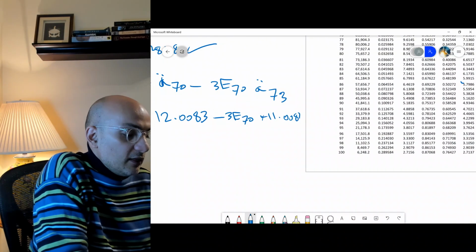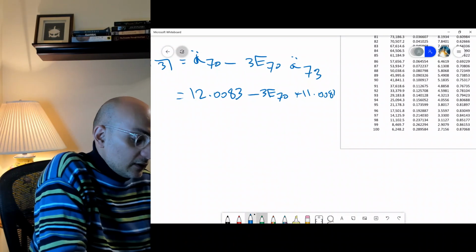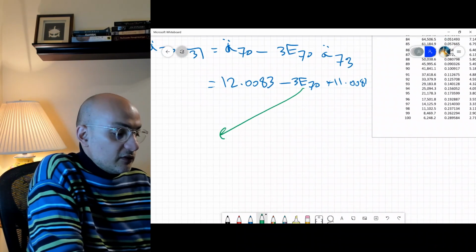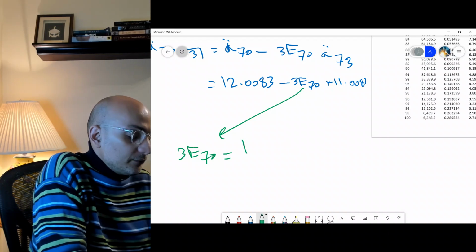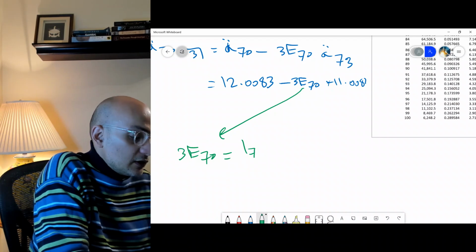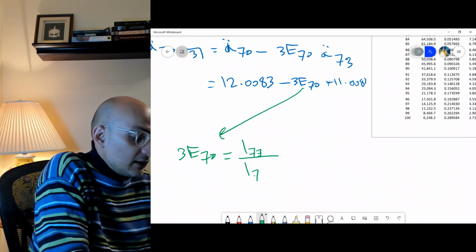But where we get the 3E70, this is easy, right? Because we did it in previous sessions. 3E70 is L73, the cohort surviving to the year 73, divided by L70.